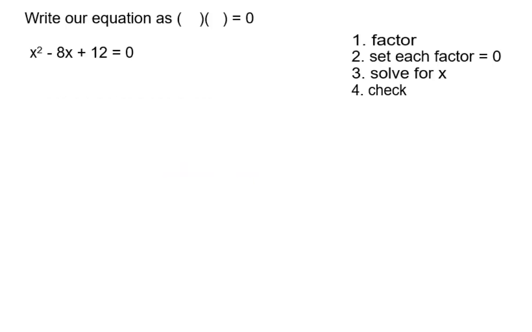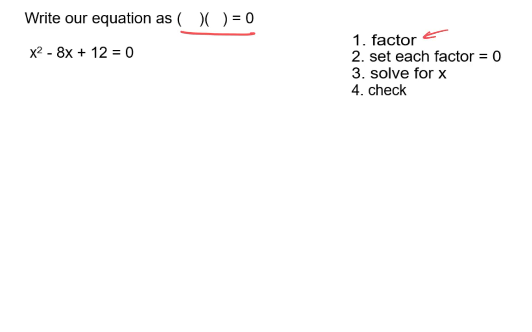So let's start with that quadratic equation we just looked at. X squared minus 8x plus 12 equals 0. We want to write our equation in that form where we have something times something is equal to 0. And the way we're going to do that is we are going to factor that expression on the left-hand side.